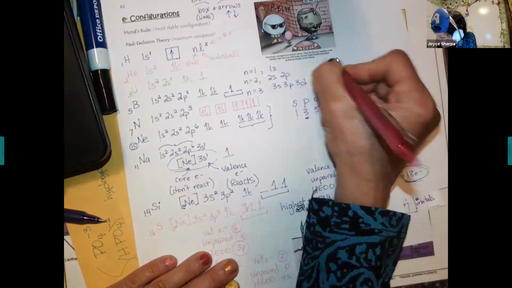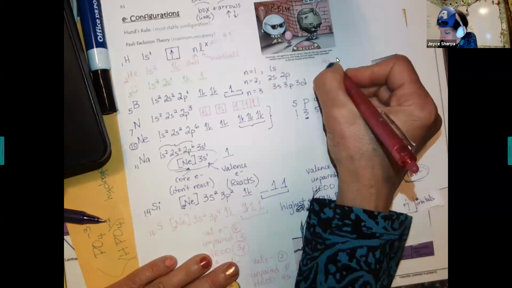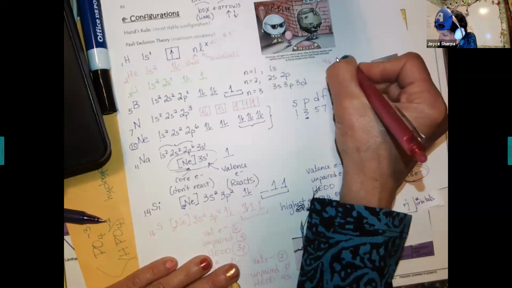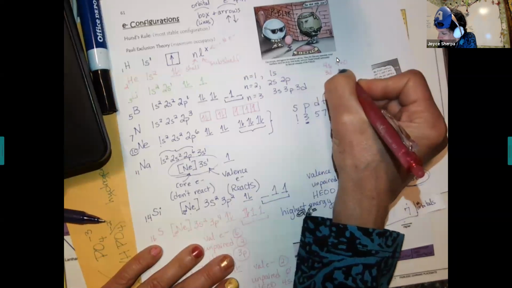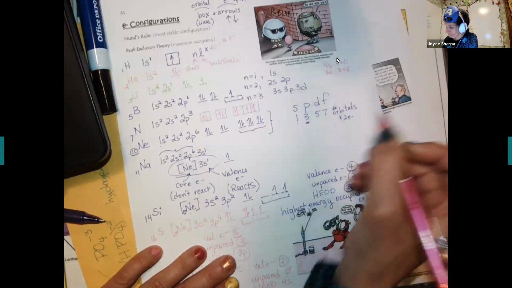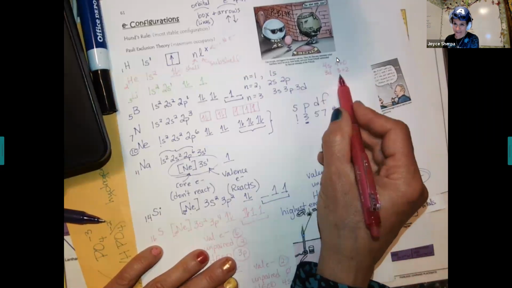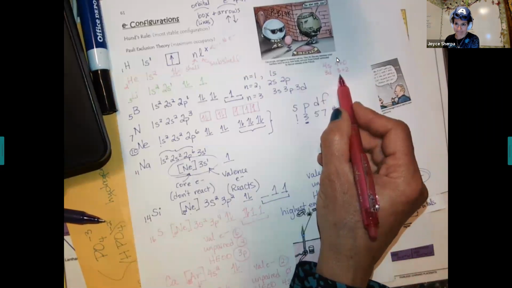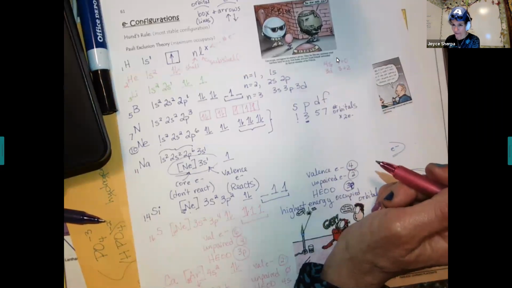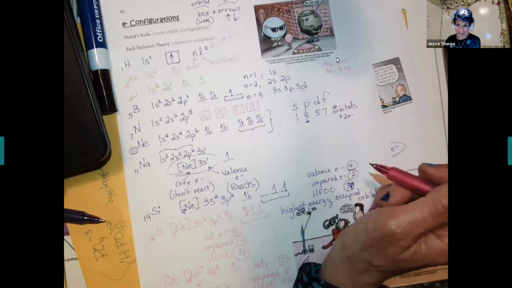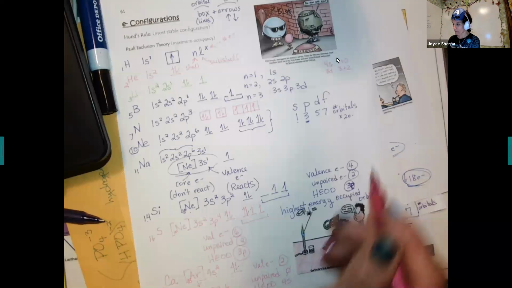So 4s, that would be L is 0, so this would be 4 plus 0. And the 3d, that would be 3 plus 2. That's higher. That has more energy to it. And so that was part of his math, part of his whole equation. And it turns out it's perfect for the periodic table.